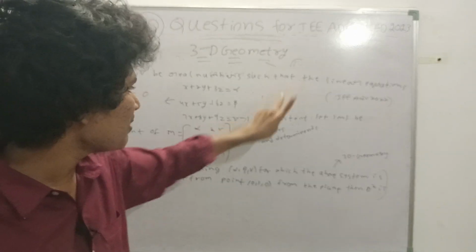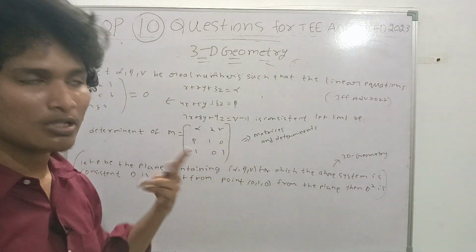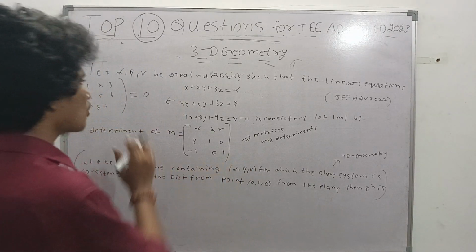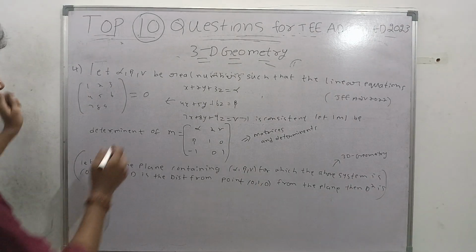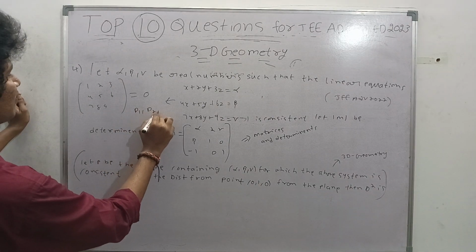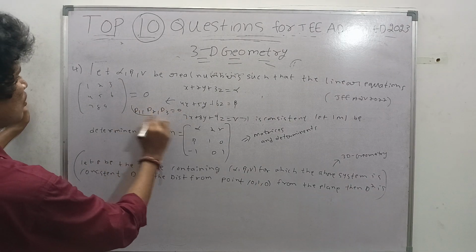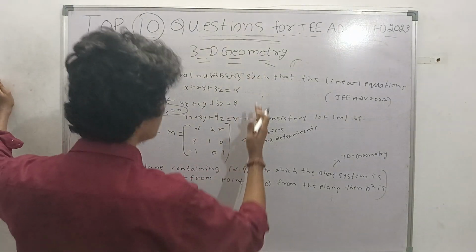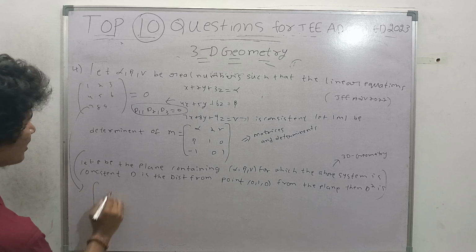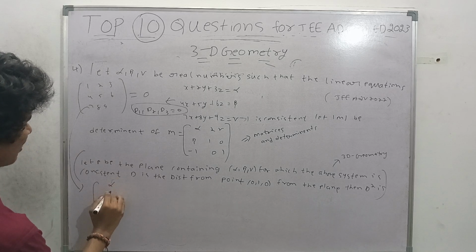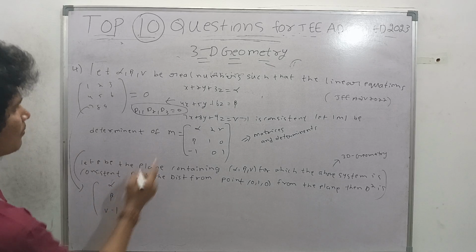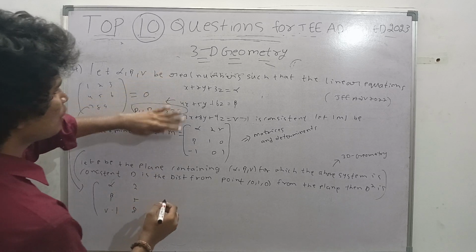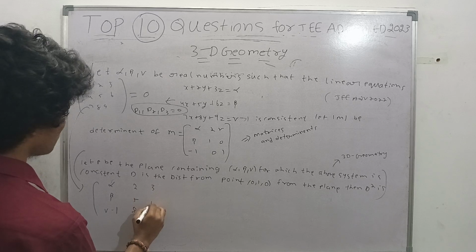Here the determinant is 0, and they are saying it should be consistent. So what solutions are possible? It will be infinitely many solutions. After knowing that, we can find d1, d2, d3, because d1, d2 and d3 should all be equal to 0. So I am finding d1. Replace this column: you will get alpha, beta, gamma minus 1, then 2, 5, 8 and 3, 6, 9.